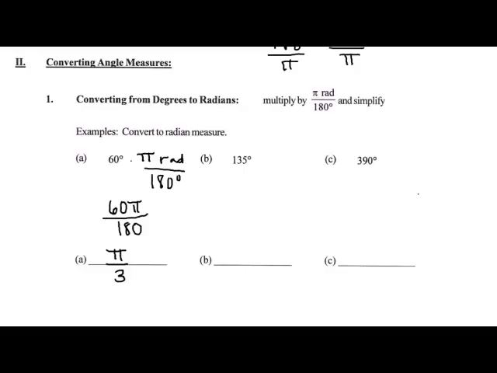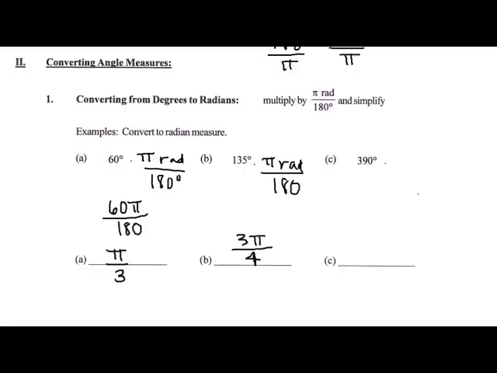For part B, we have 135. So again, 135 times pi radians over 180 degrees. Again, if we multiply this through, 135 divided by 180 is 3/4, so we get 3 pi over 4.